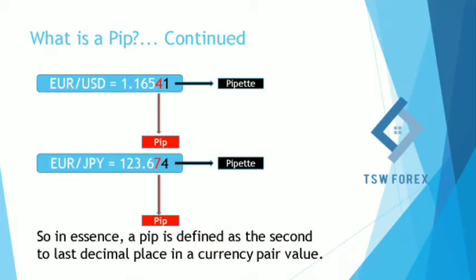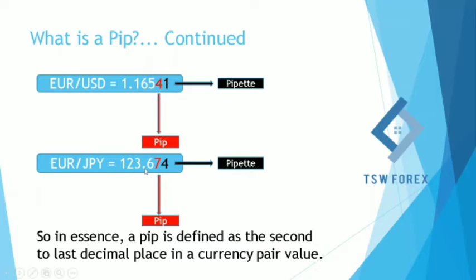Okay, so this is a graphical representation of Euro USD on the chart, and this is the price that you will normally see. For example, you have the price 1.16541. The fifth decimal place is the pipet, and the fourth decimal place is the pip.